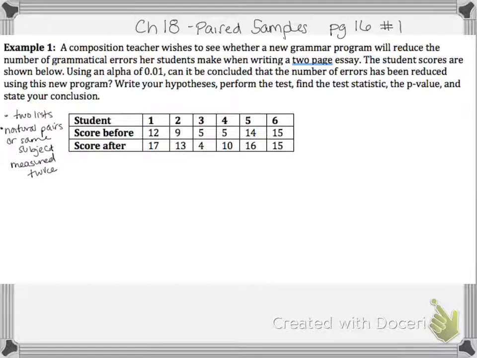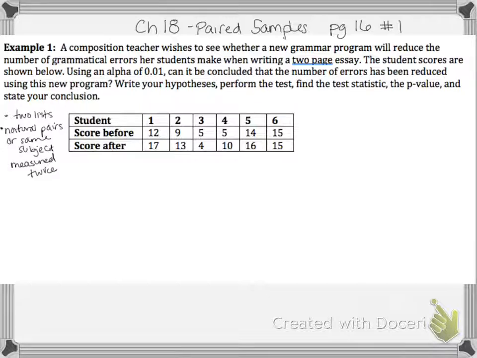And so when I say natural pairs or the same subject measured twice, I hope that we all notice that this is the same student recorded, and then there's a before and after score, whether we know what those represent or not yet. We're going to try to figure this out here, okay? So let's look at this together.